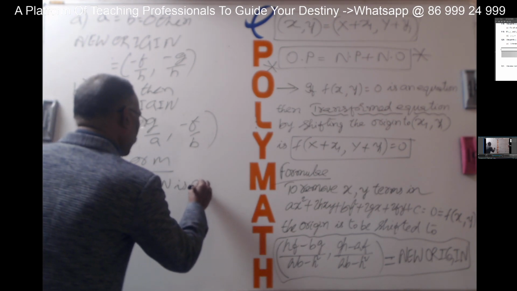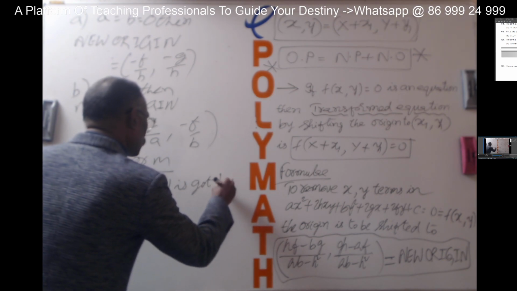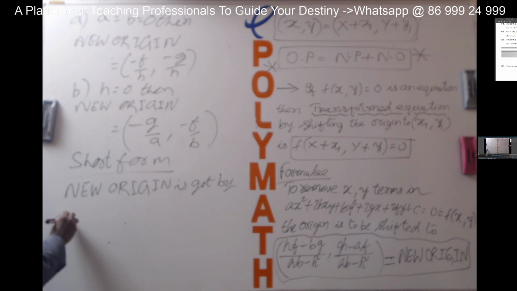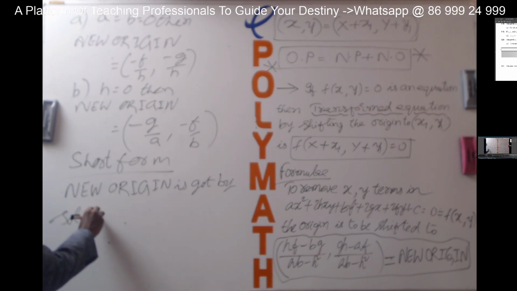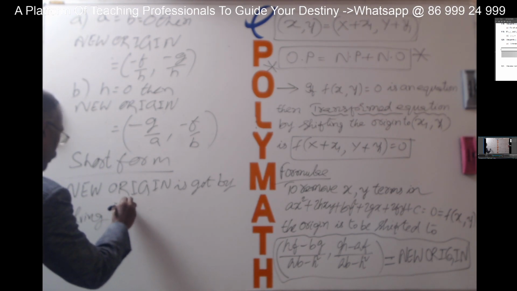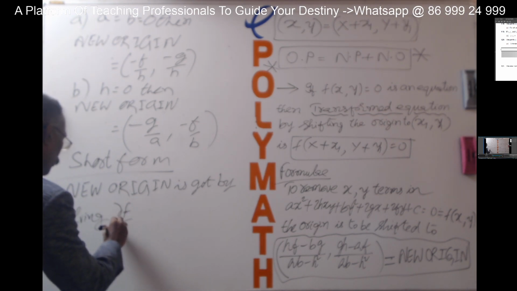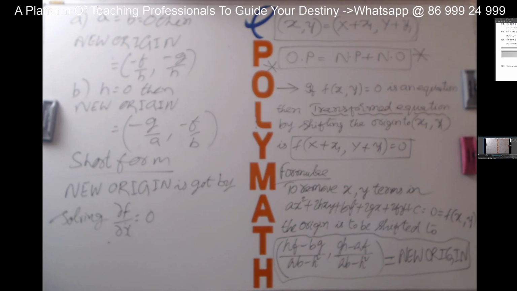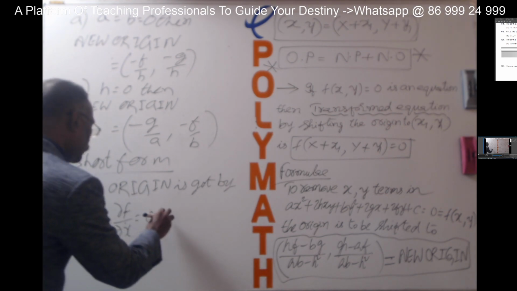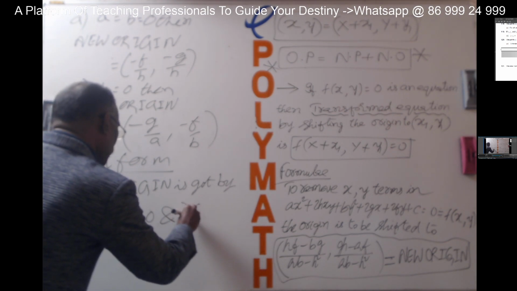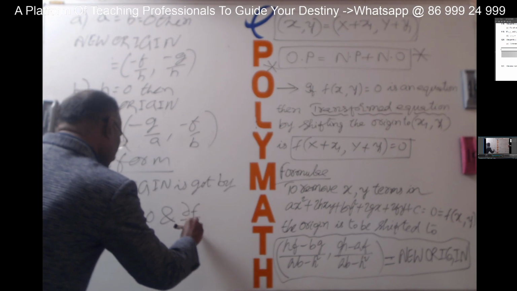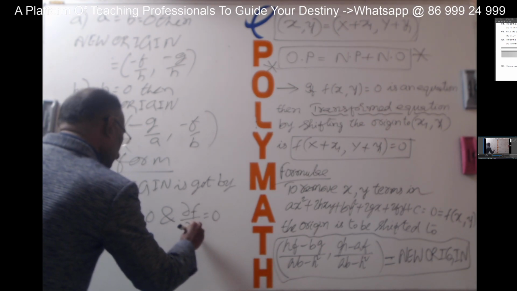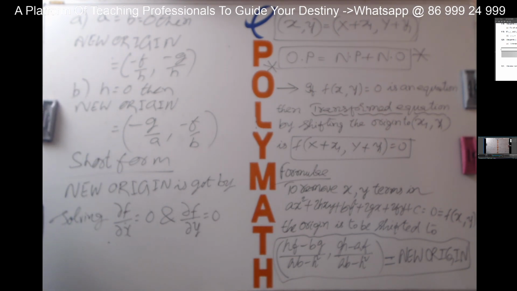is got by solving dou f by dou x is equal to 0 and dou f by dou y is equal to 0.